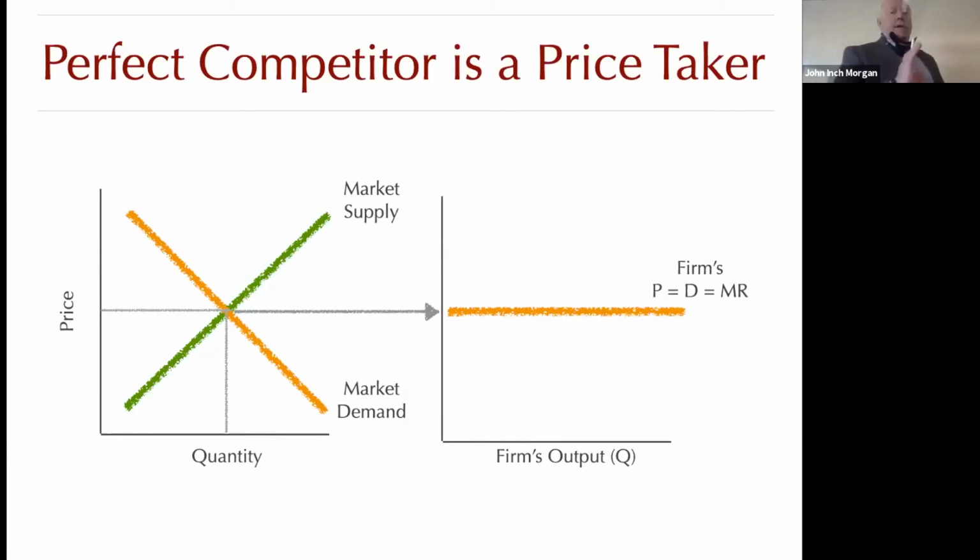Now, in the four industries that I talked about, one of the things that we want to make sure of is that there is a distinction. This is the only one where we're going to have that perfectly horizontal demand curve.